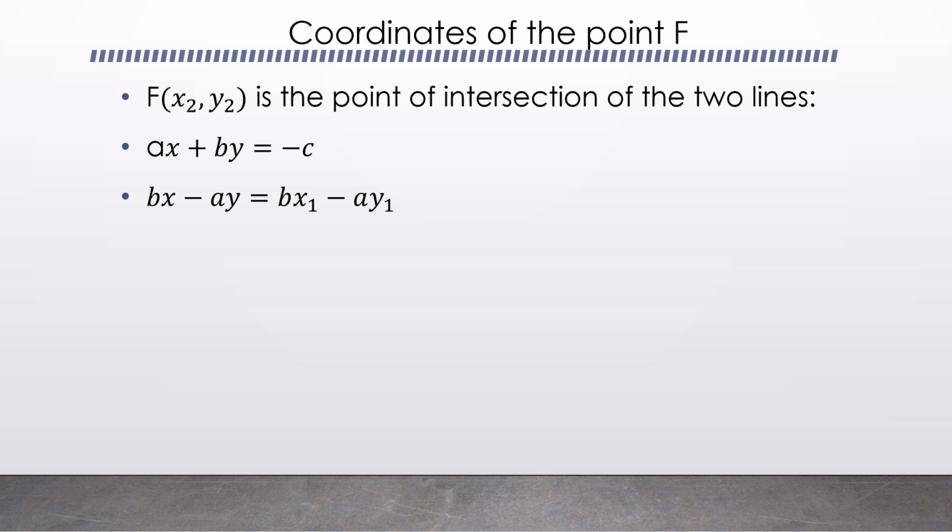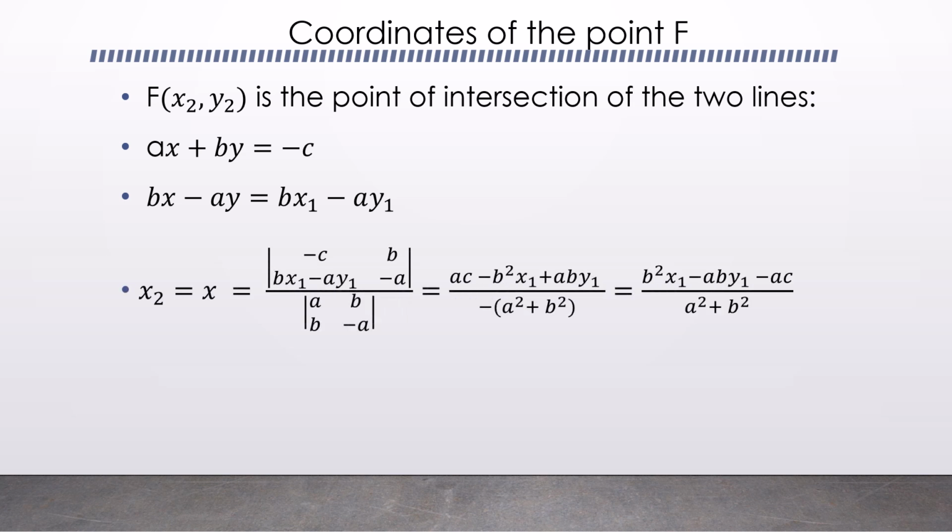Solving these two equations simultaneously using Cramer's rule, we obtain x2 equal to Dx over D, where Dx is the determinant of the matrix in which the first column are the right-hand side of the equations and the second column are the coefficient of y. The denominator is the determinant of the matrix of coefficients.